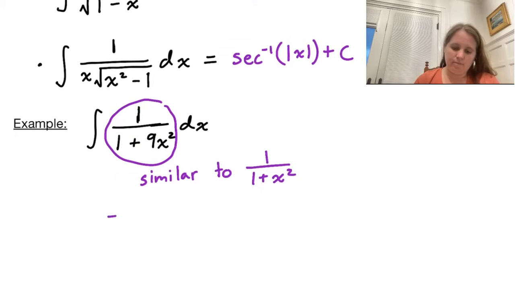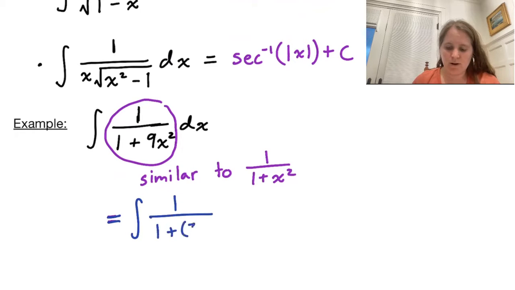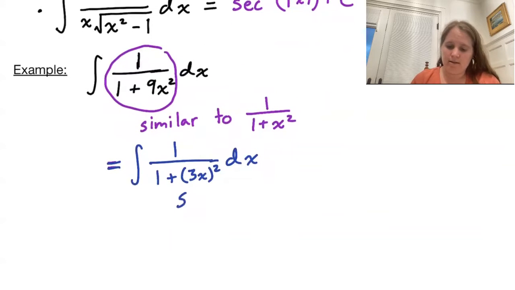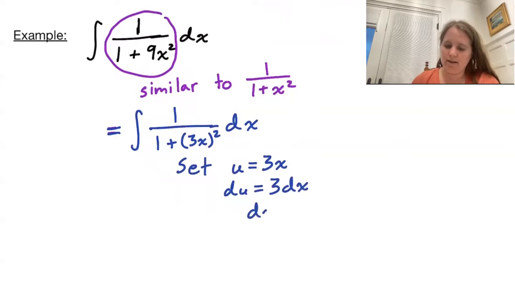So this integral becomes the integral of 1 over 1 plus 9x squared, which is 3x in parentheses squared, dx. If we set u equal to 3x, we have du equals 3dx, or dx is equal to 1/3 du.